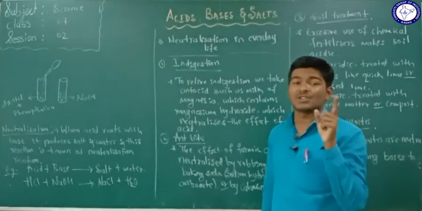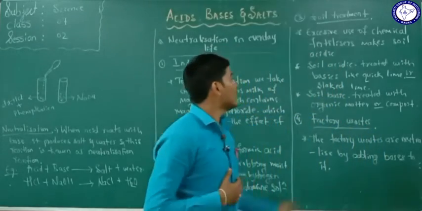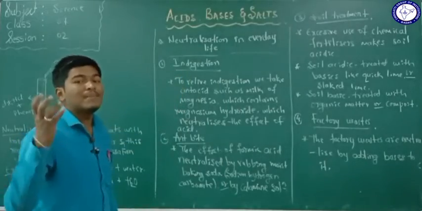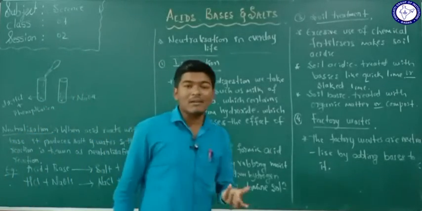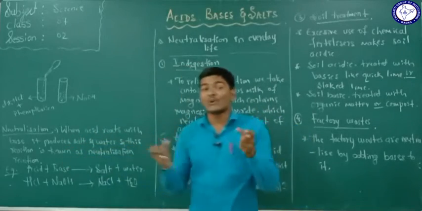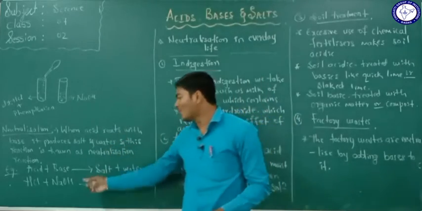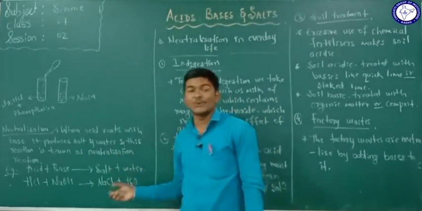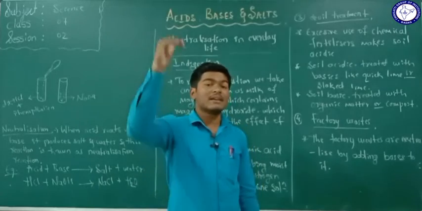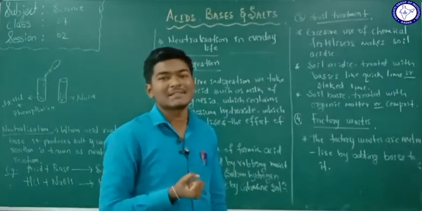To get relief from the stomach pain, we take some bases, because as we know already, to neutralize the effect of the acid, we have to add a base. When the hydrochloric acid percentage in our stomach increases, we have to take some bases.